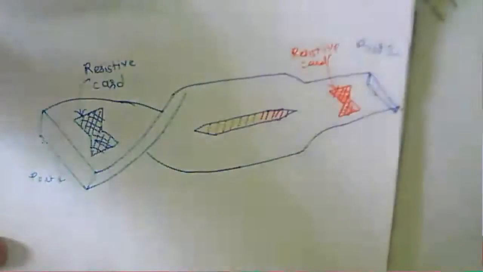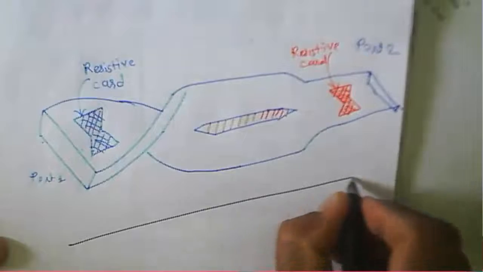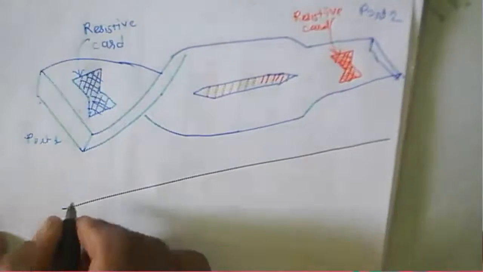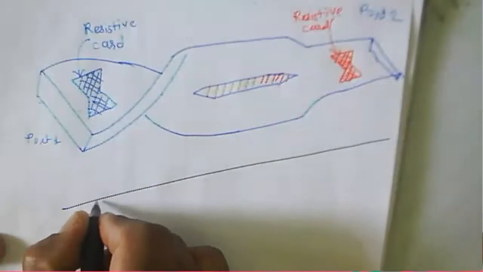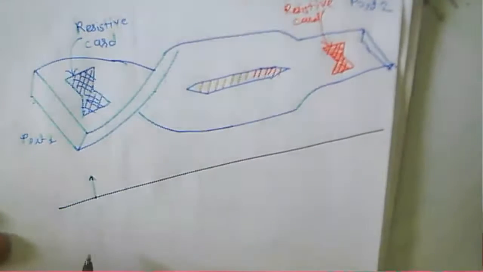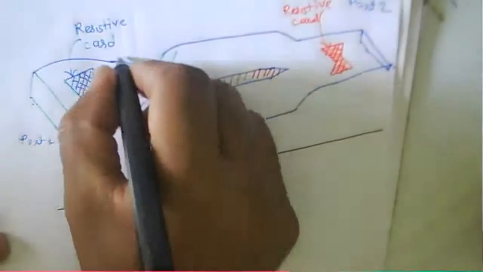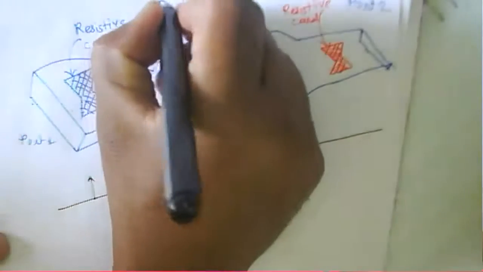Now what happened here in this case? If you propagate the signal at this particular place, there is the input. Because of that, this one is a twist.